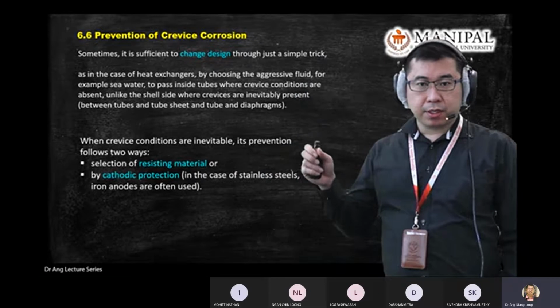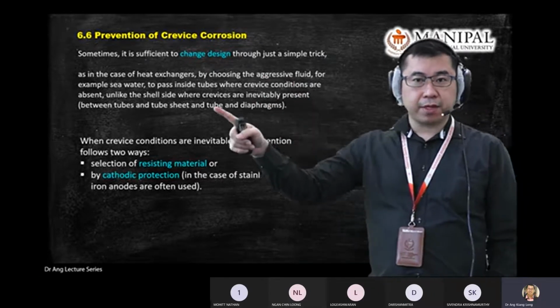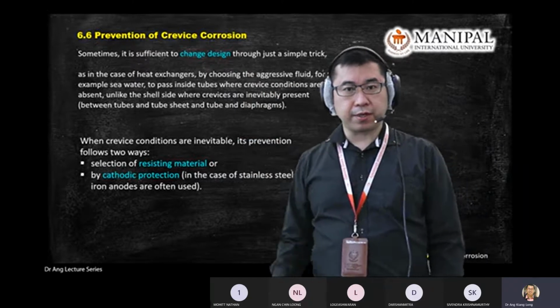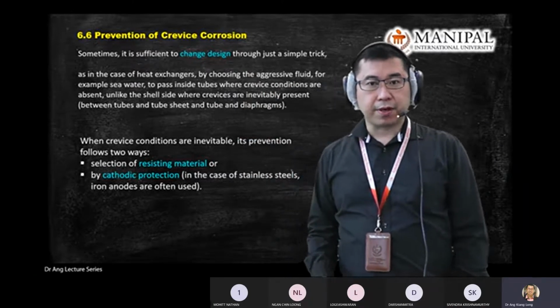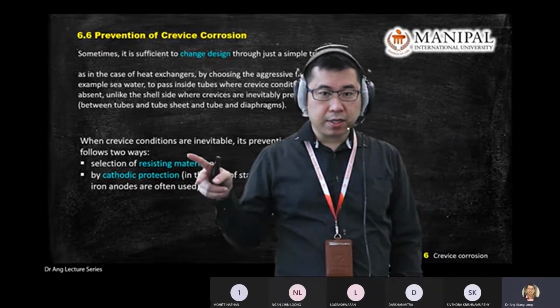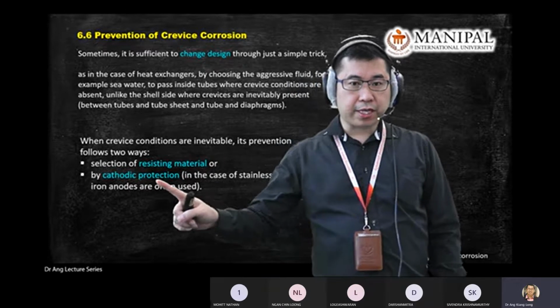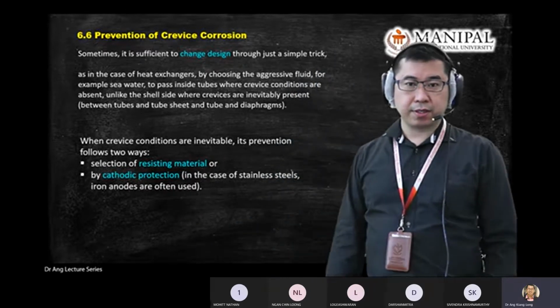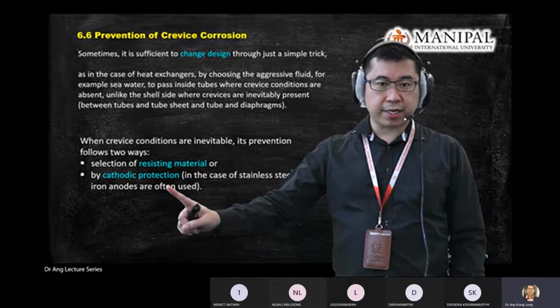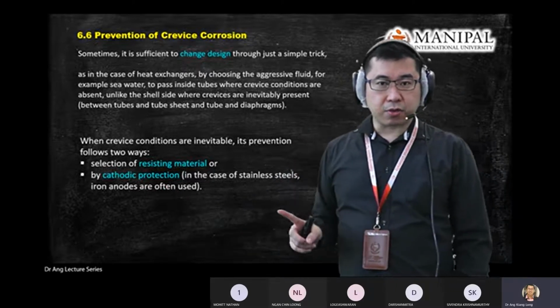Besides design, where you look at the flow of the crevice, another way is you select a resisting material, or you use cathodic protection. You use cathodic protection in crevice corrosion.